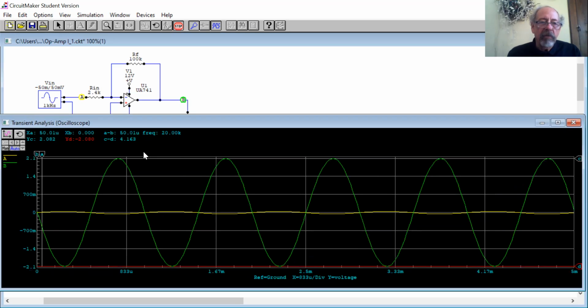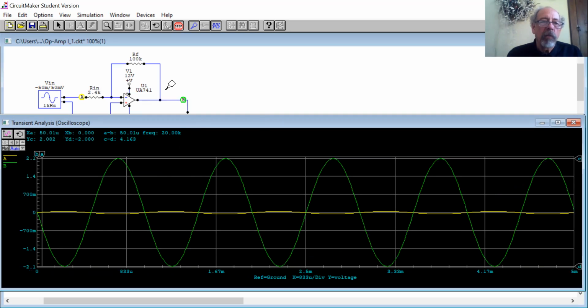So here we have about 41.63 for the gain. Why do I say that? Because we know the input is 100 millivolts peak to peak, and the output is 4,163 millivolts. So I divide 4,163 by 100, and I get 41.63.